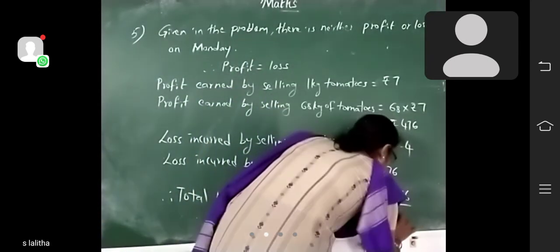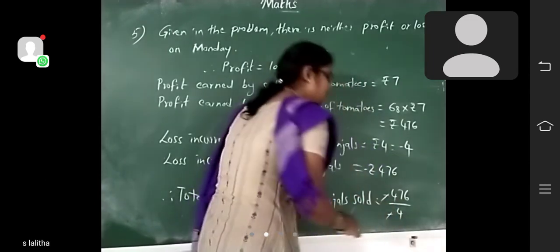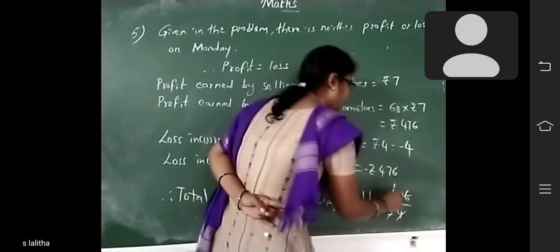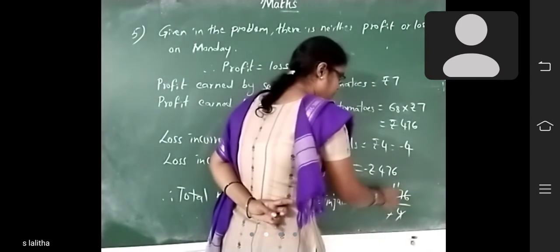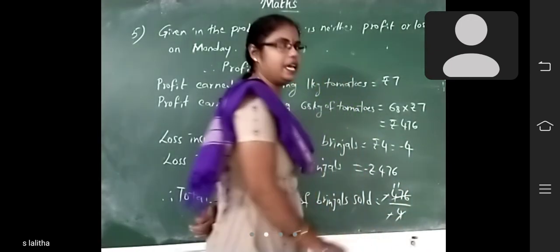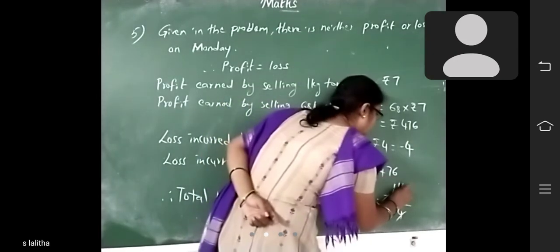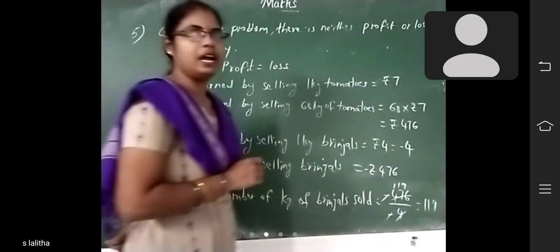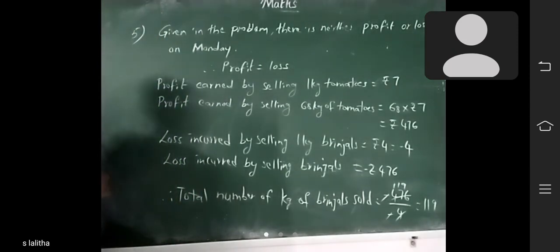So minus 4. So minus minus will be cancelled. Now divide. 4 ones 4. Again 4 ones 4. How much remaining? 3 is remaining. 36. 4 nines 36. So how many kgs of brinjals sold? 119 kgs sold.